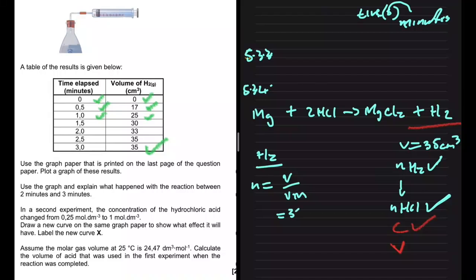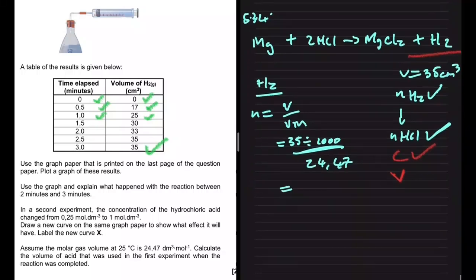That will give us 35 divided by 1000, and then everything divided by 24.47. Now it is just a matter of putting that in a calculator to get 1.43 times 10 to the minus 3 moles.